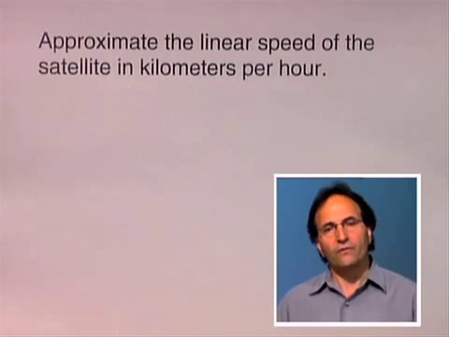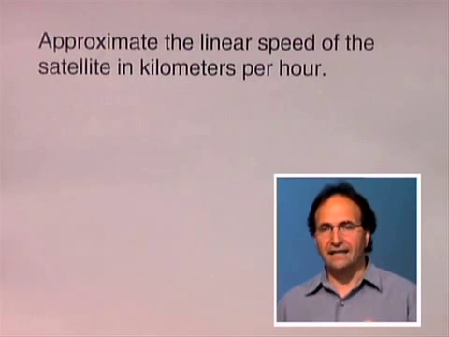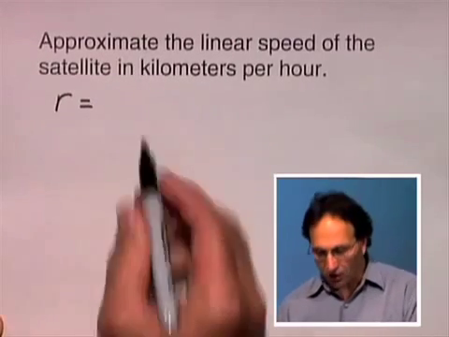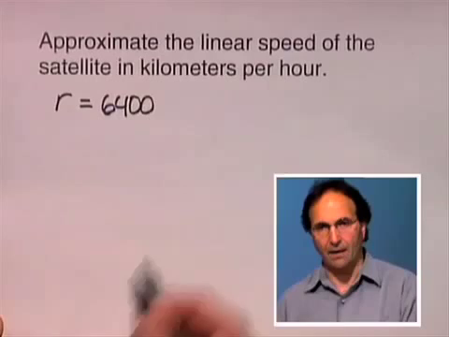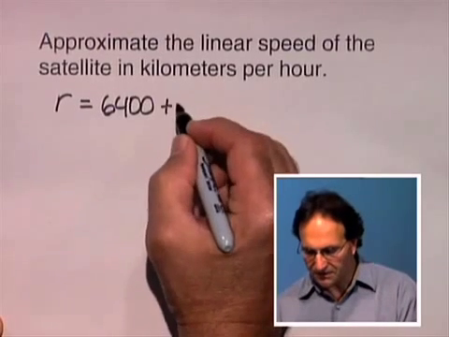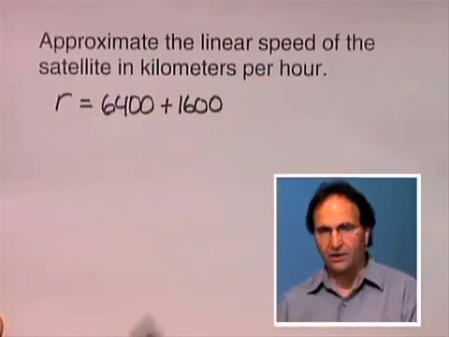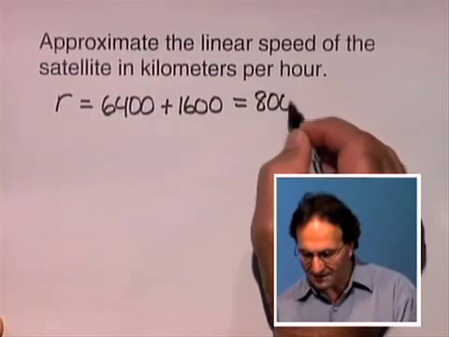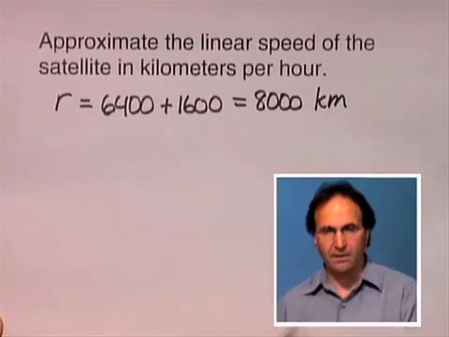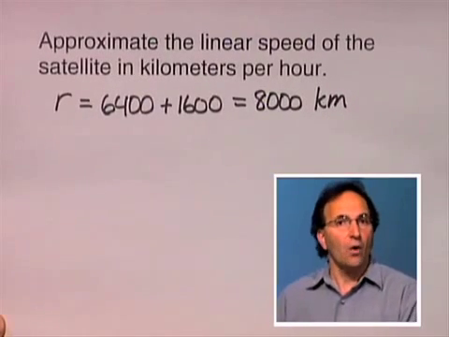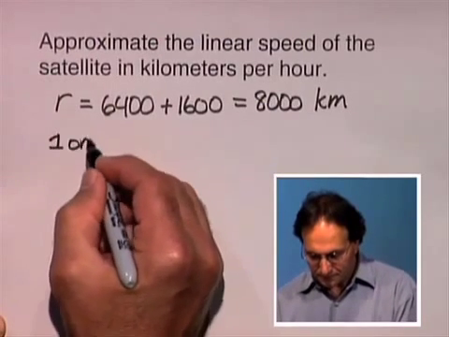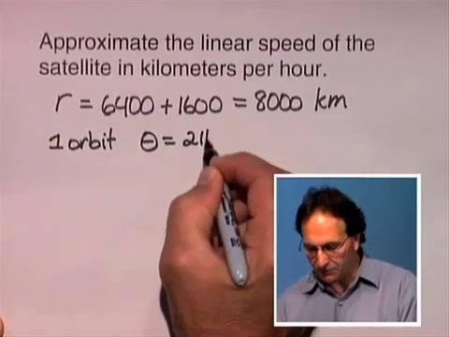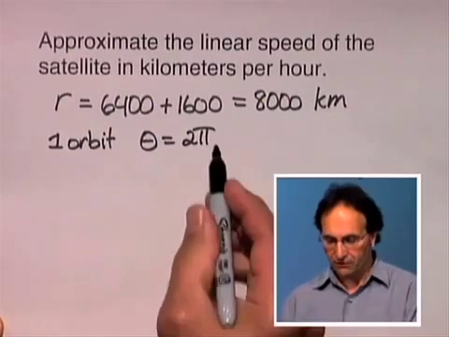The first thing we want to do is recognize and calculate what the radius is. The radius is that of the Earth, 6,400 kilometers, plus the distance that the satellite is above the Earth, 1,600 kilometers, giving us a total of 8,000 kilometers. Now, one orbit is the equivalent of saying theta equals 2 pi in terms of radians.